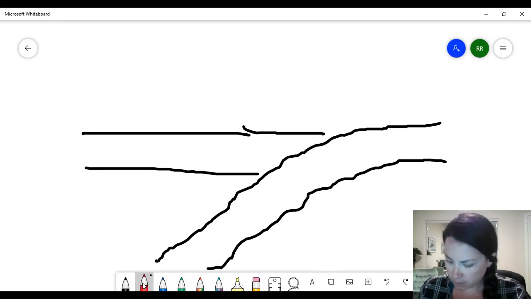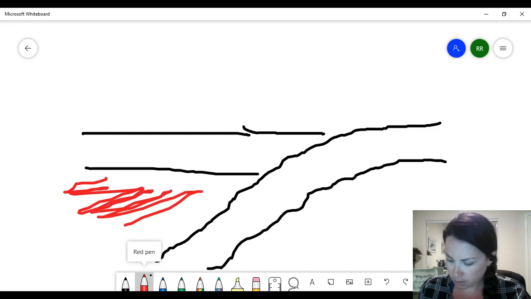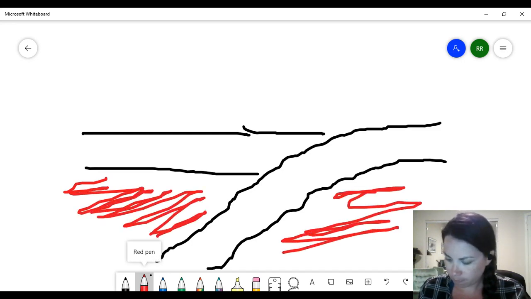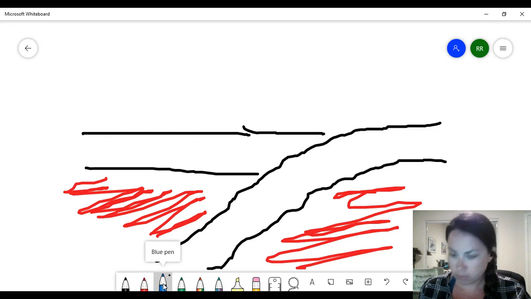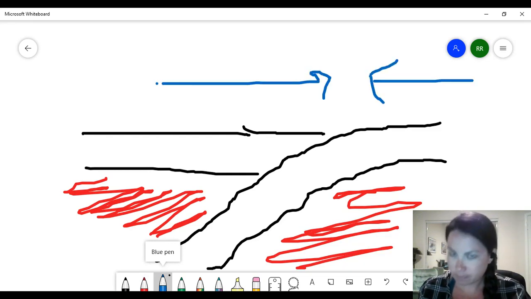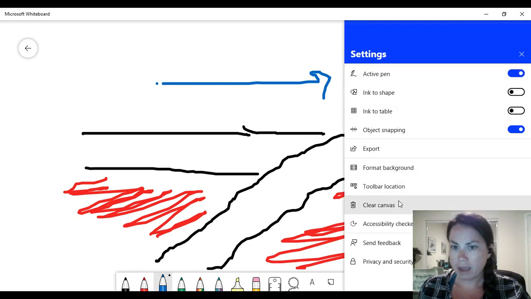So these are the plates. Then this would represent the asthenosphere in here. And this is where two plates are coming together. So that's when we have a subduction zone.